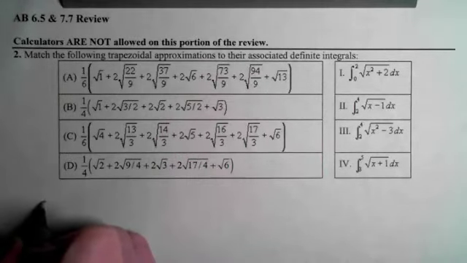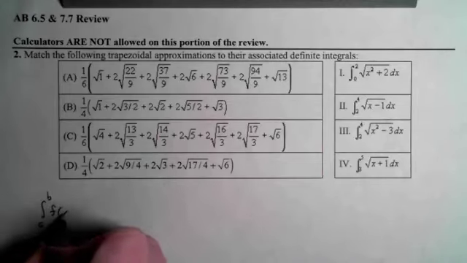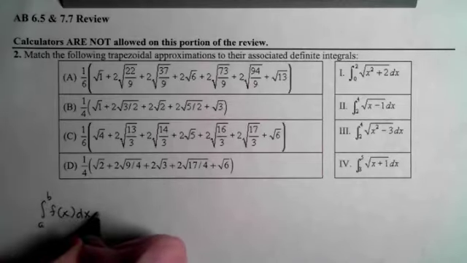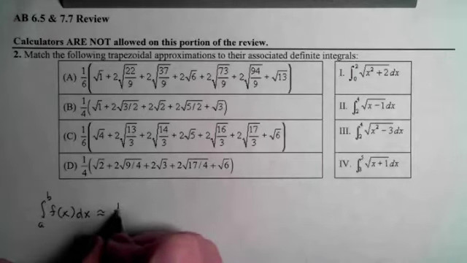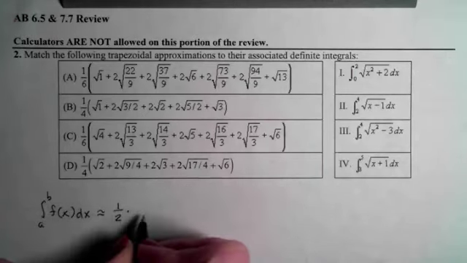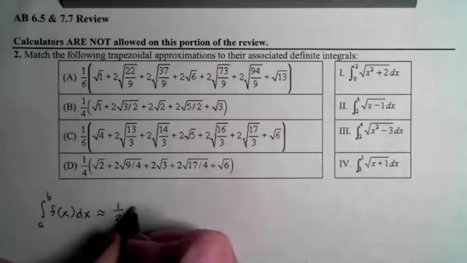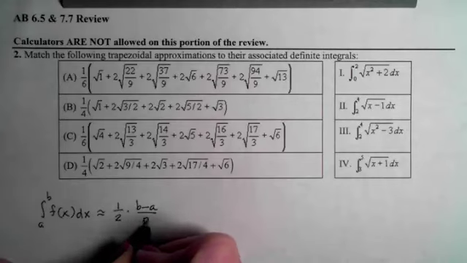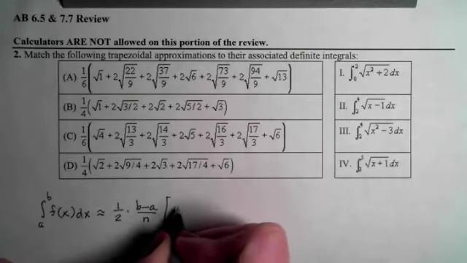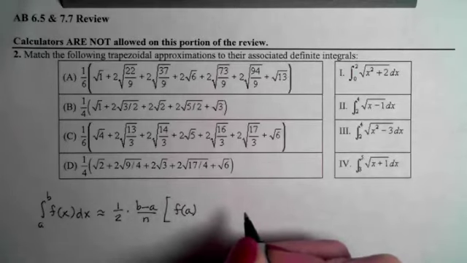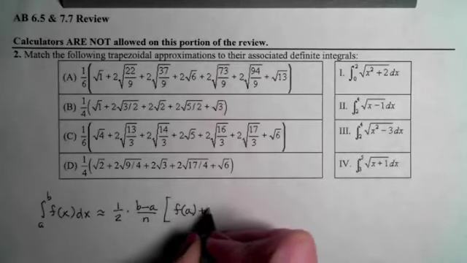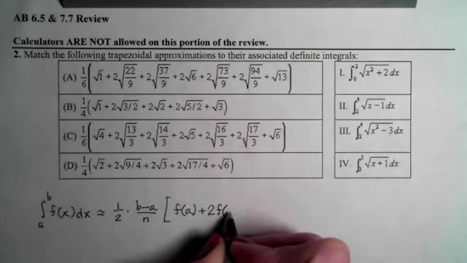We know that for any random function for which I want to do a trapezoidal approximation, we can think about 1/2 the height, which is going to be my delta x, or my b minus a over n, times the first leg, or the first base, and then we double all of the interior bases.